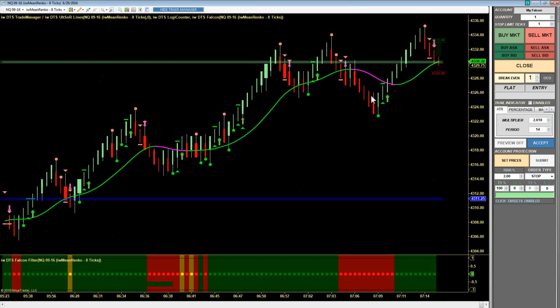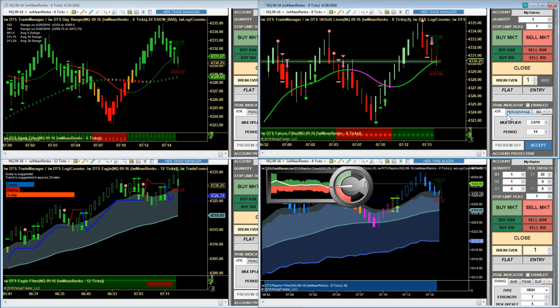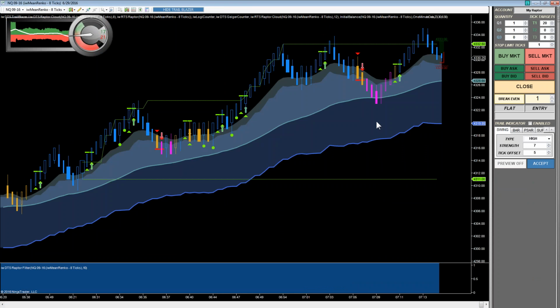Gosh, the filter here on the Falcon is starting to look a little bit like a roller coaster. See if we get another soft edge sell signal here out of the Raptor. Again, we just keep retesting the highs. We might see it press lower one more time.